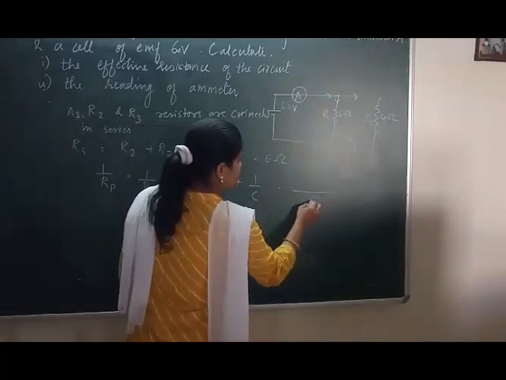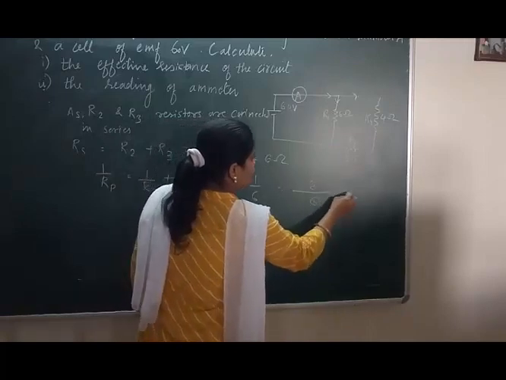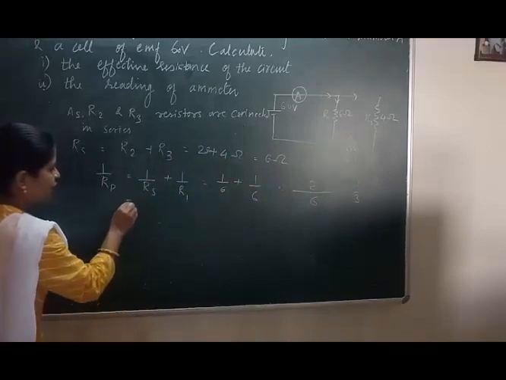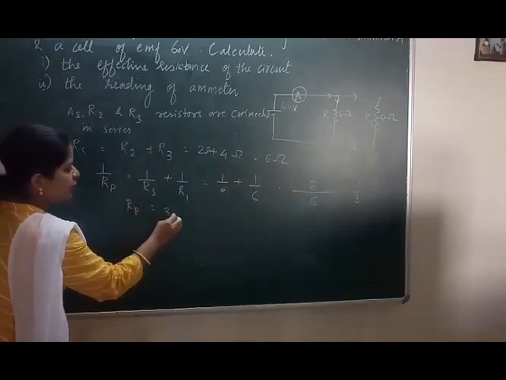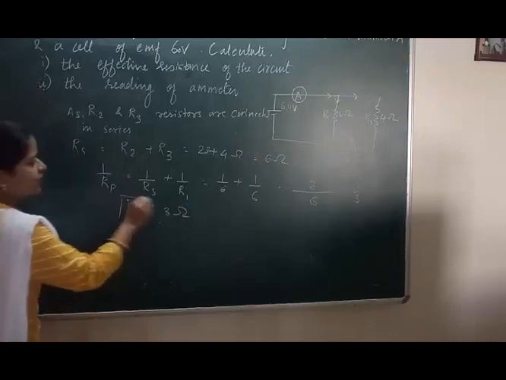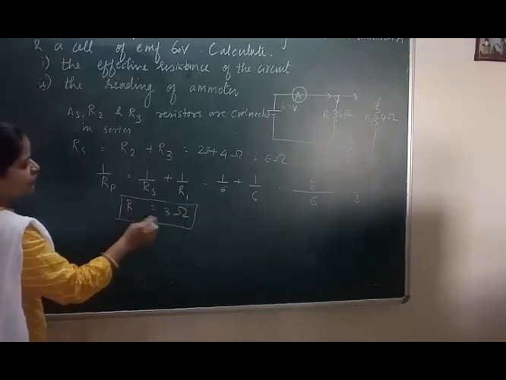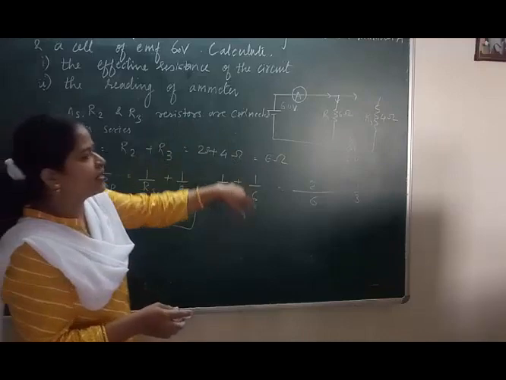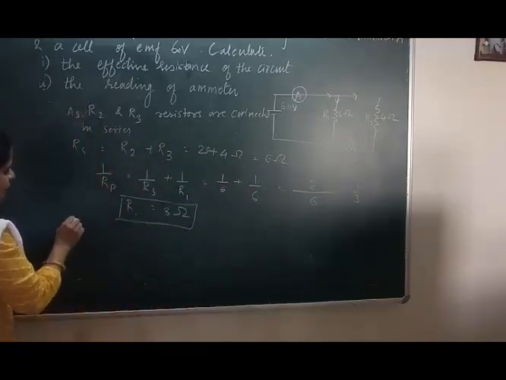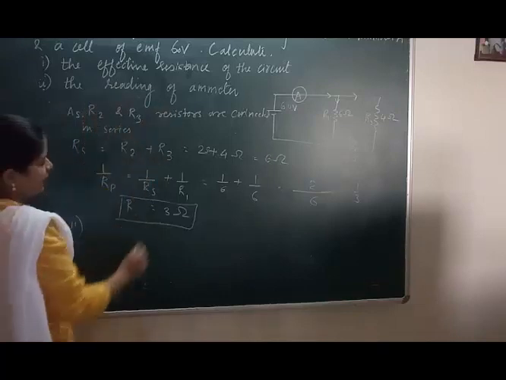So with LCM 6, 1 plus 1 is 2, so you get 1 by 3. If you take the reciprocal, we get 3 ohm. So the effective resistance value is equal to 3 ohm. Second, we are going to find the reading of the ammeter.